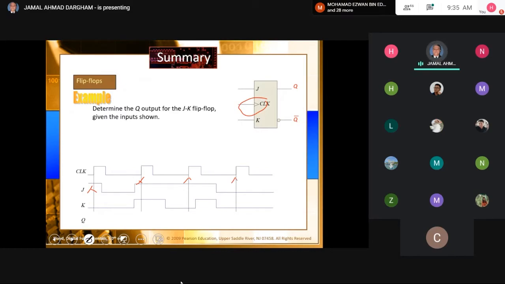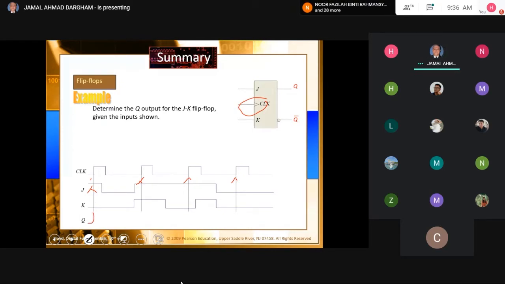So only these places is where the changes occur. Only here I need to check J and K. J is 1, K is 0, so it's set, and therefore Q should go up.